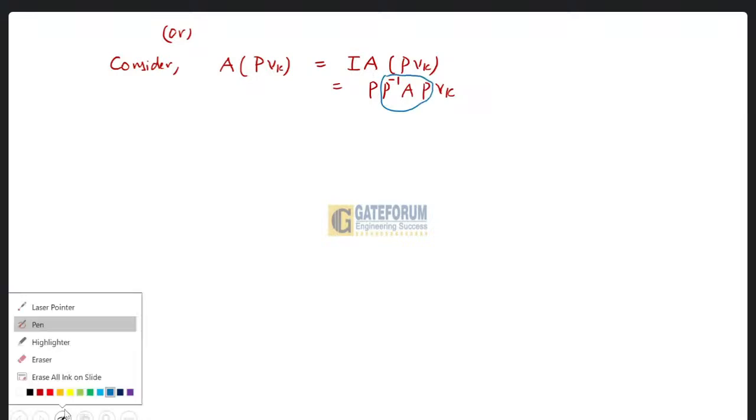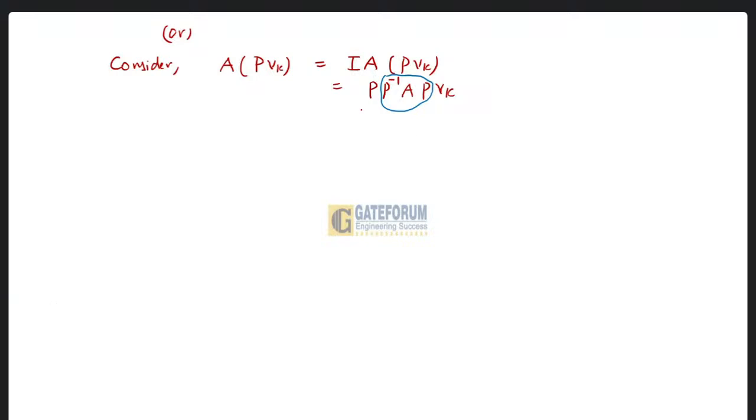I can write this as I into A into P into Vk, where I is the identity matrix. I into A is nothing but A. And this again I can write as P into P inverse, a matrix into its inverse is the identity matrix, into A into P into Vk. And this term P inverse into A into P is already given as B. So this is P into B into Vk.